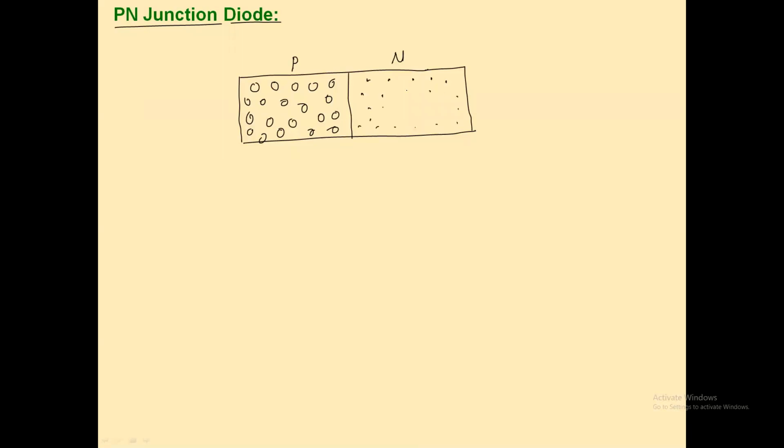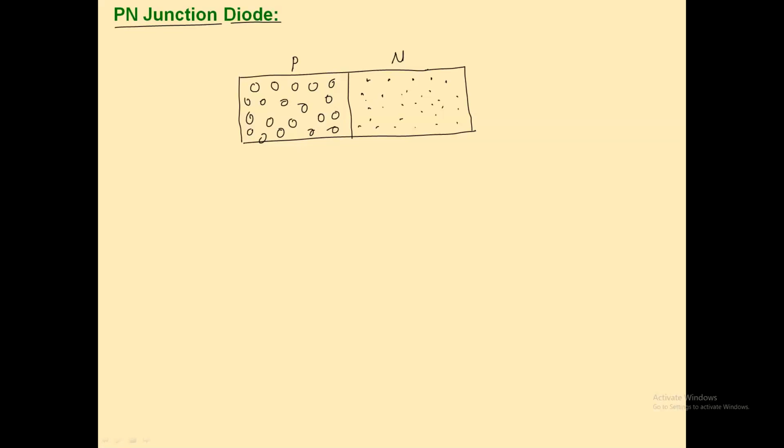So I can say that the concentration of electrons in the N region is more, and the concentration of holes in the P region is more. And due to the concentration difference, why do I say concentration difference? Because N region has free electrons, P region has holes, and their charge is also different.